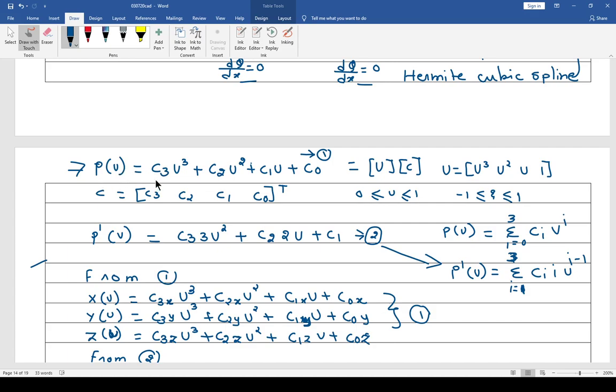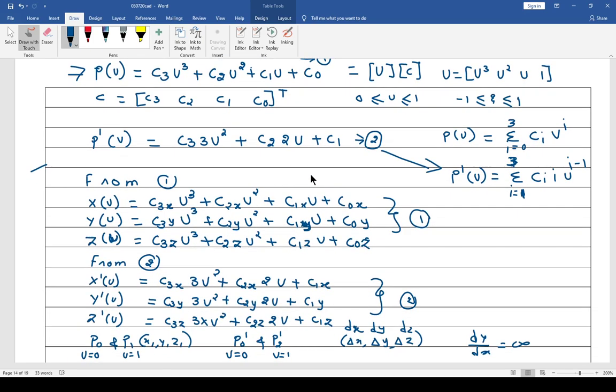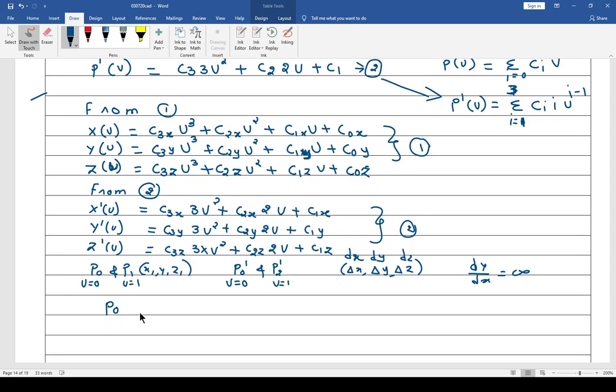If I put u equal to 0, this will be 0, this will be 0, this will be 0, and I get only c0, and therefore I can write p0 is equal to c0. Just let me know whether you understood this or not. p0 equal to c0. Or if you have questions, you can ask.